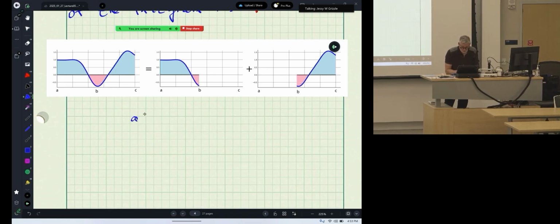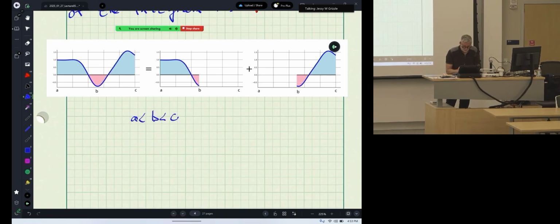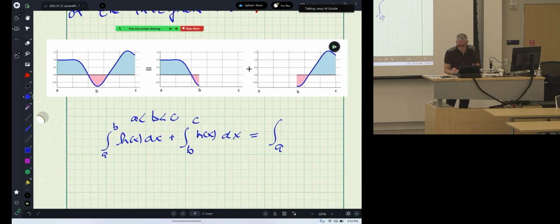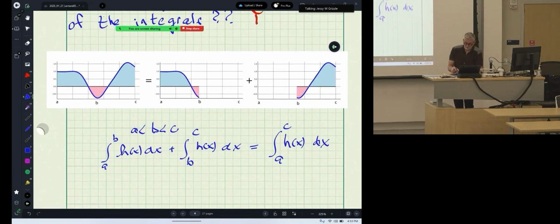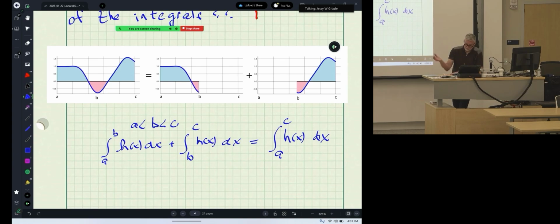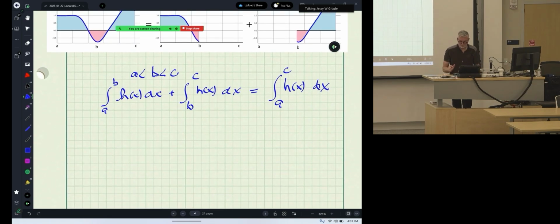So if A is less than B, less than C, the integral from A to B of h of x dx plus the integral from B to C of h of x dx gets us the entire integral. Okay, and that just follows from our intuitive understanding of what area is. You can also do it with the definition of the Riemann integral, but you guys have seen enough proofs for now.